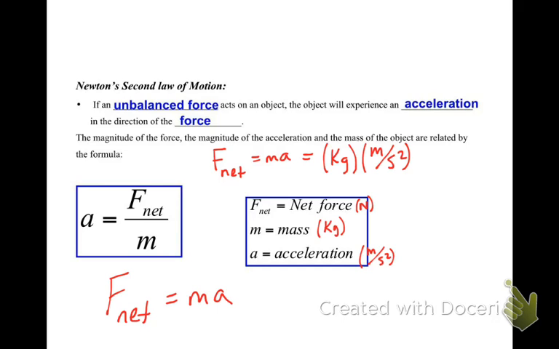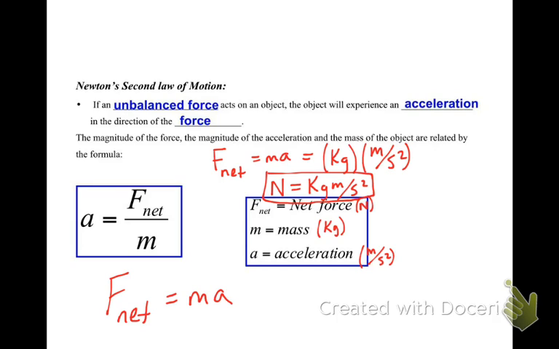So what this is stating is that our newtons equal kilogram meters per second squared. So that's what 1 newton is actually equal to.